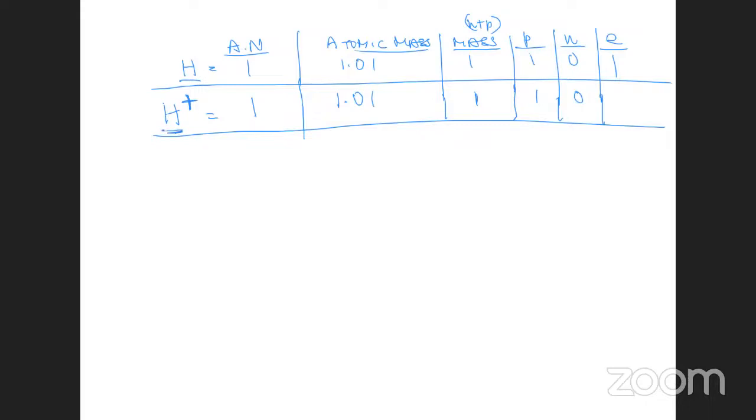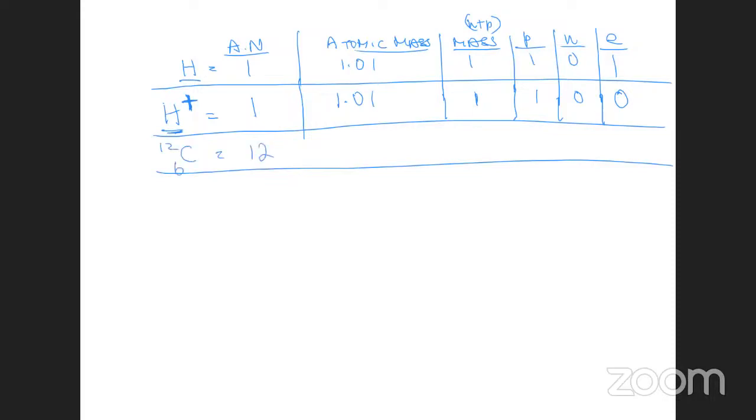The name is protium if hydrogen has only one proton. Then electrons: because it's positive, you take that number out from the protons, right? So you get 0, which means no electrons.